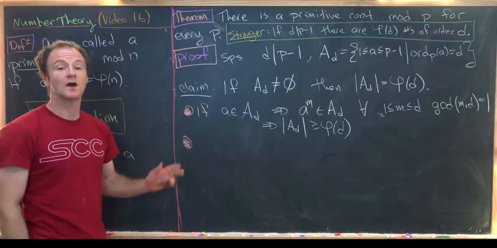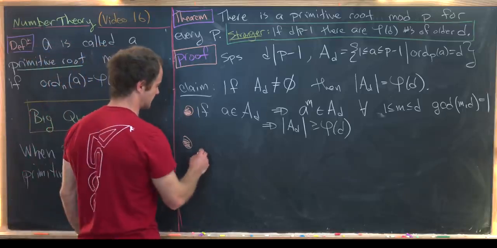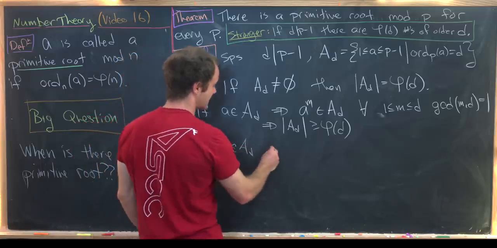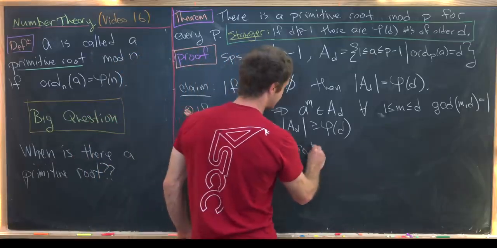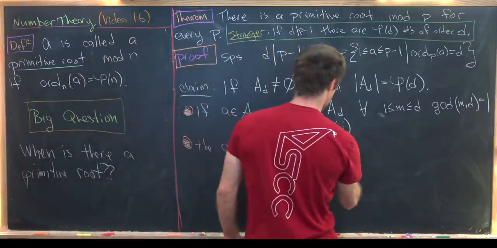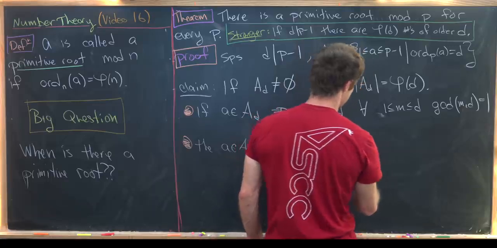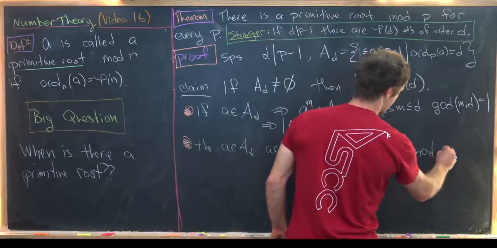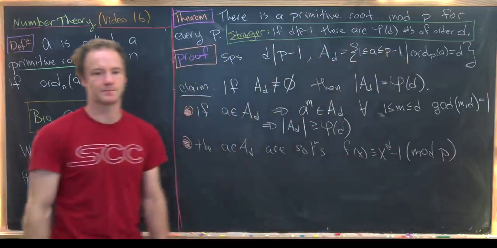Okay, so now we're going to argue that we actually have an inequality going in the other direction as well. Okay, and we can do that as follows. So let's notice that the a in A sub d are solutions to a certain polynomial equation. And that polynomial equation, or congruence I should say, is f of x congruent to x to the d minus 1 modulo p.